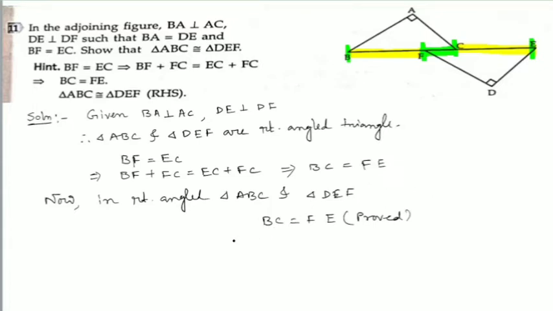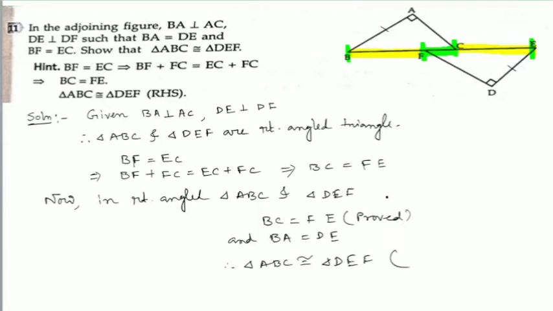And BA is equal to DE. It is another side of the right angle triangle. Therefore, we can say triangle ABC is congruent to triangle DEF. By which criteria?